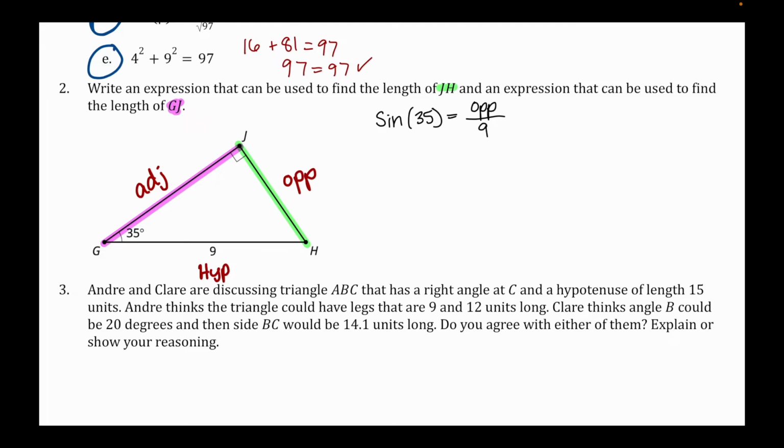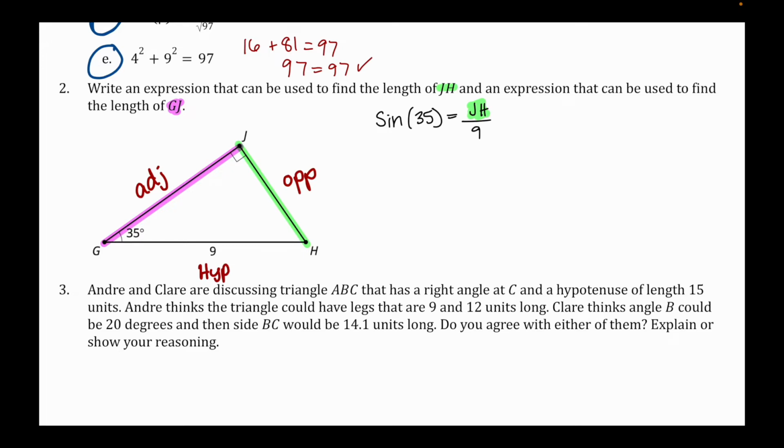So it's that opposite side over 9. And so to find that opposite side, or to find JH, I'll actually write JH in here. That would make more sense. So this would be JH over 9, and this was the green one.